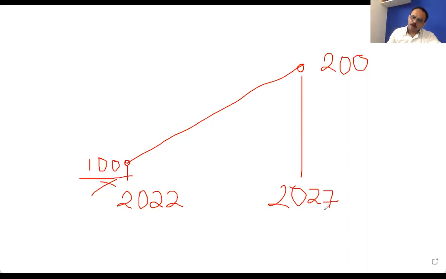Now if it has to become 100 to 200 in 5 years, what is the approximate growth rate the company has to achieve so that the share price will become 200? 14 to 15. If the company is growing 30%, the share price is going up by 30%, in 3 years it will double. 15% CAGR, right?